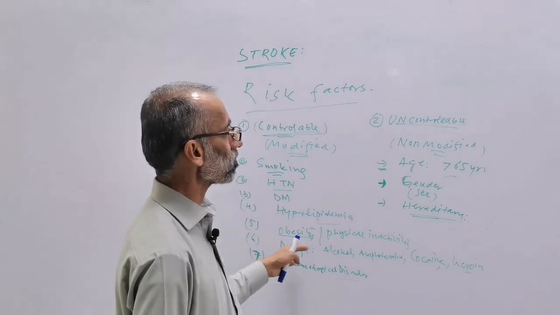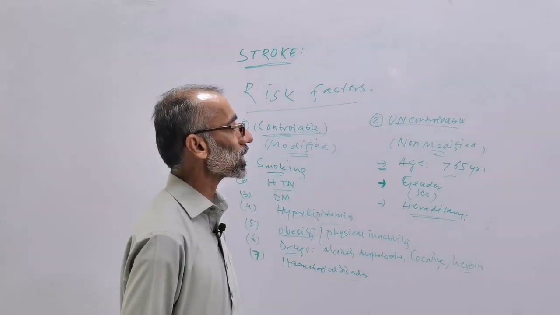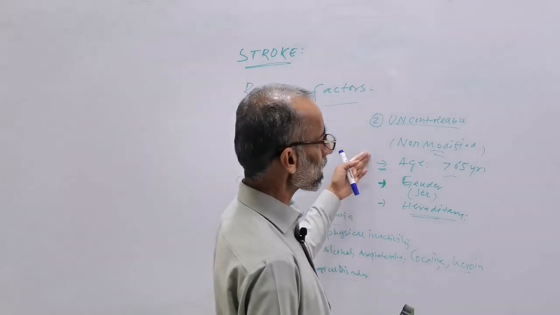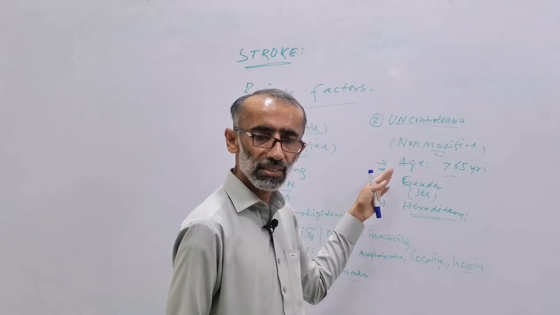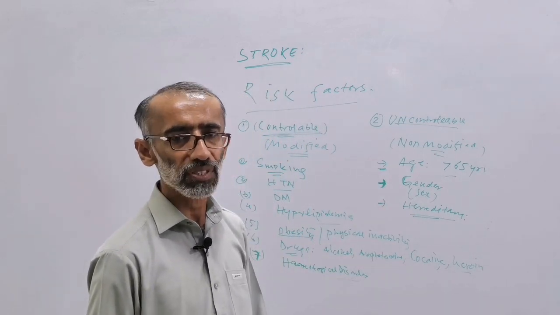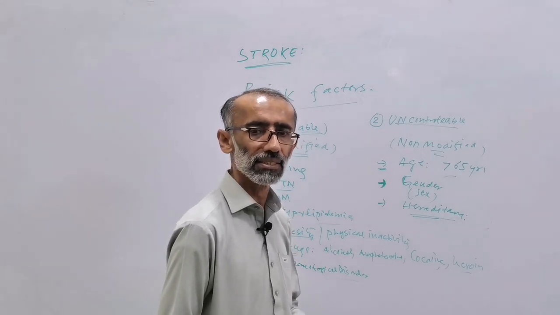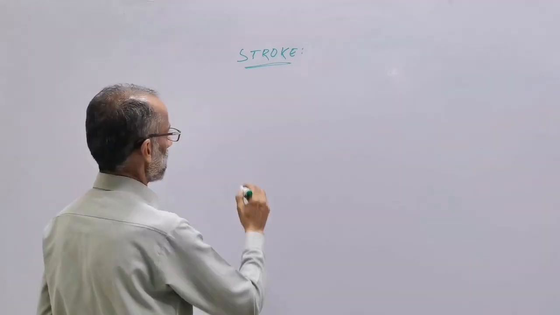While others are uncontrollable, we can't change the gender, the age, and heredity of someone.